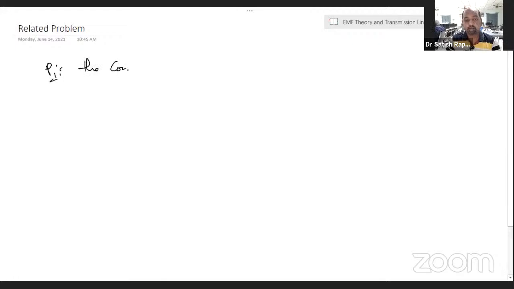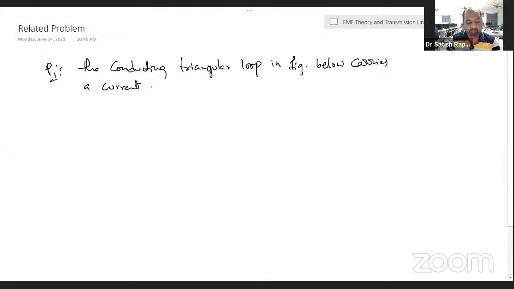The conducting triangular loop in the figure below carries a current of 10 amperes.